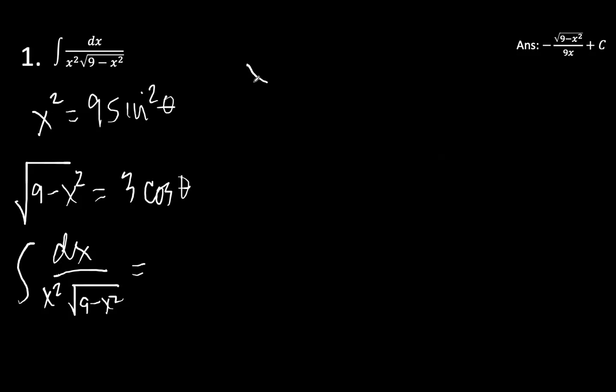And we know that x is equal to 3 sine theta. So for us to get the equivalent expression of dx in terms of a trigonometric function, we need to differentiate this equation.